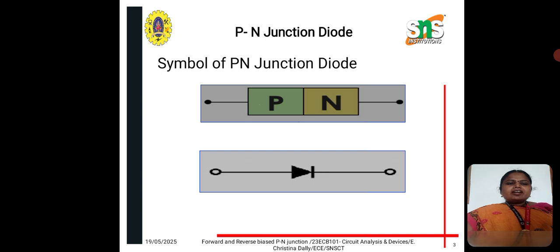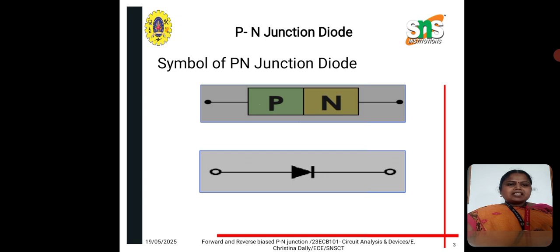So the first one, we have to know what we mean by a PN junction diode. Here the symbol of the PN junction diode is given. It consists of two terminals. One is positive, another one will be negative. Positive is represented as anode, negative is represented as cathode. Here we are having two types.